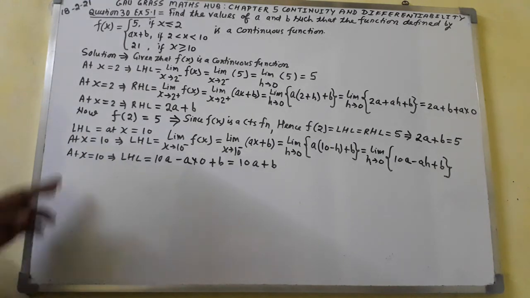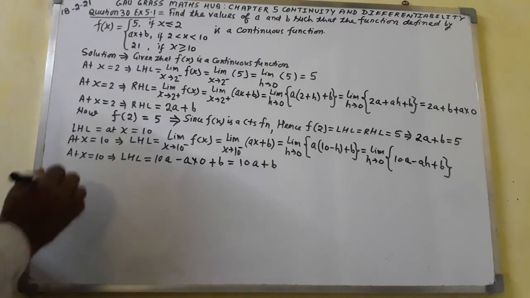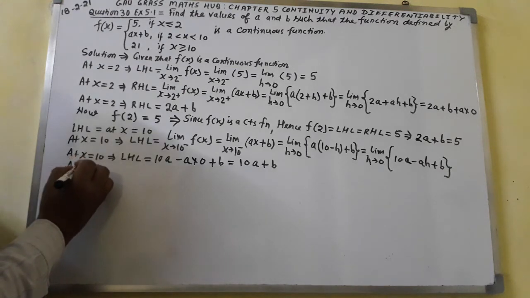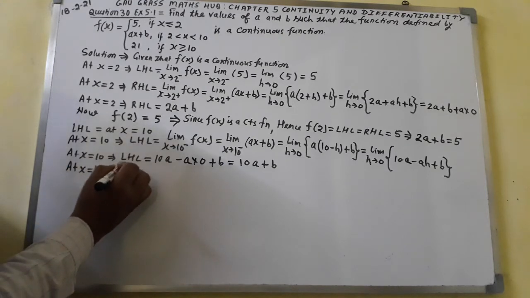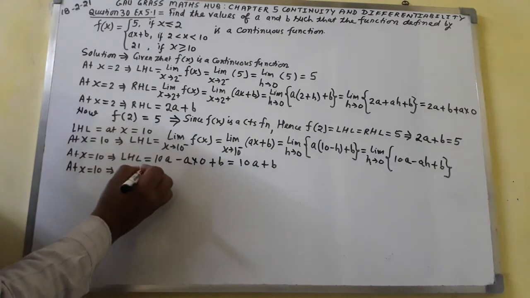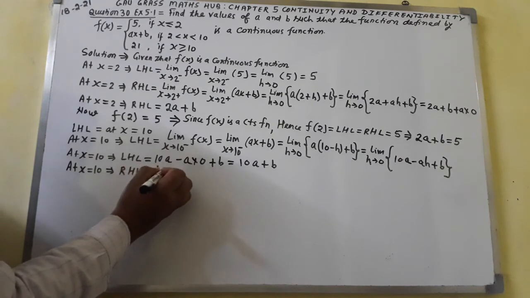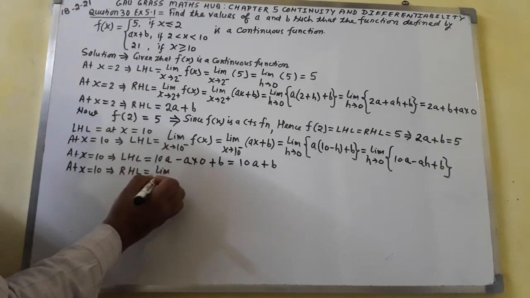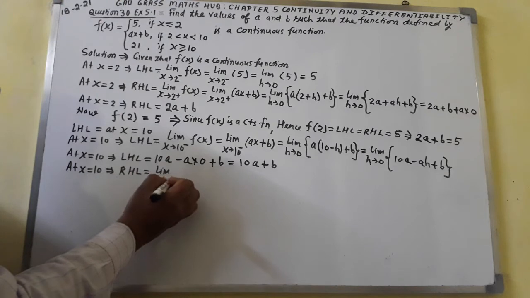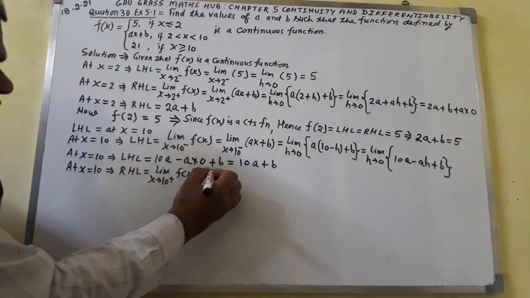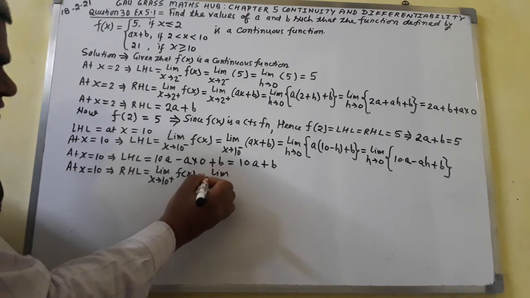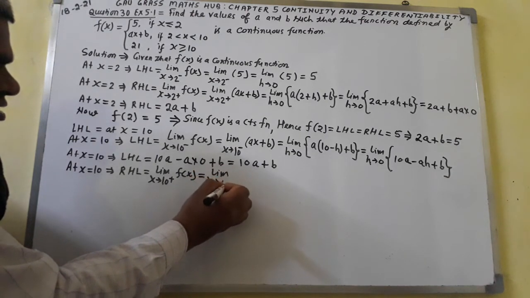And at x equal to 10 I shall find the right hand limit. At x equal to 10, the right hand limit equals limit x tends to 10 positive f of x.